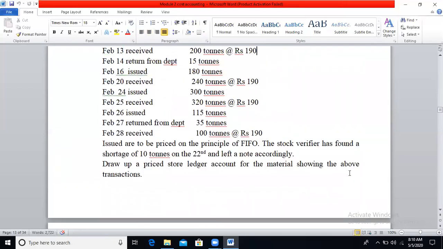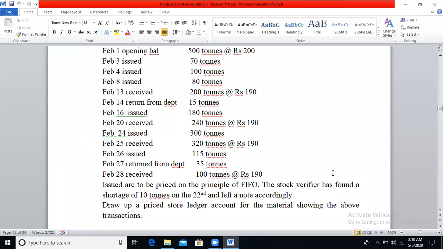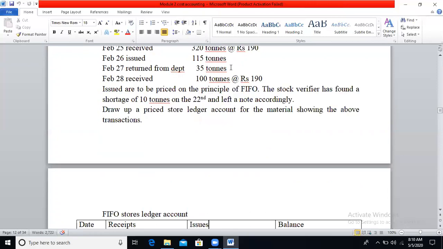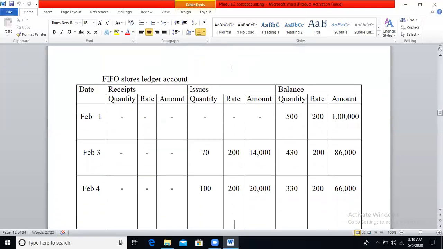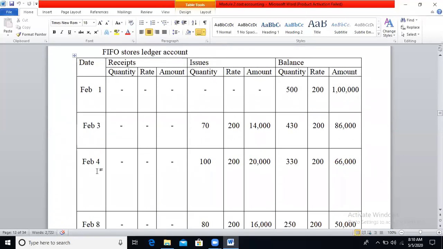The next transaction is February 4th issued 100 tons. So once again we are making an issue. Write the date February 4th. Tons to be issued to the production department will be 100 tons. The rate will be, see the balance column. Here we have only one balance, so you should consider this price only. 200 is the price. So 100 into 200, you will get 20,000.